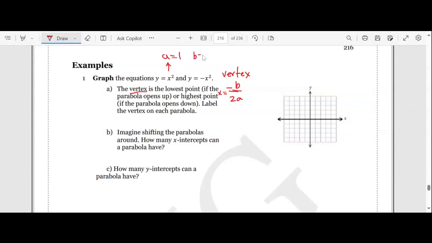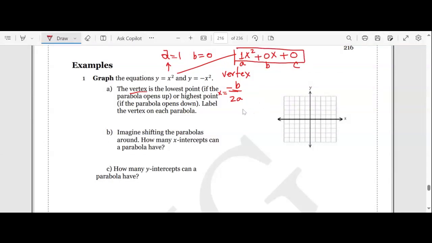How much is b? 0. Because this one is like x squared plus 0x plus 0. So how much is a? 1. How much is b? How much is c? 0. Is this clear? Those are the values.